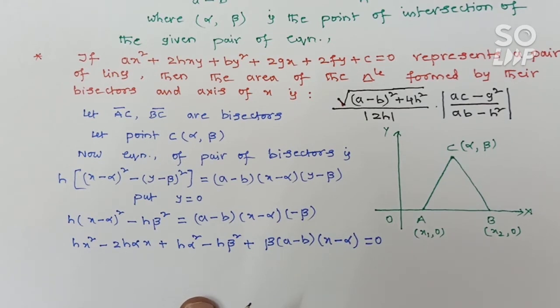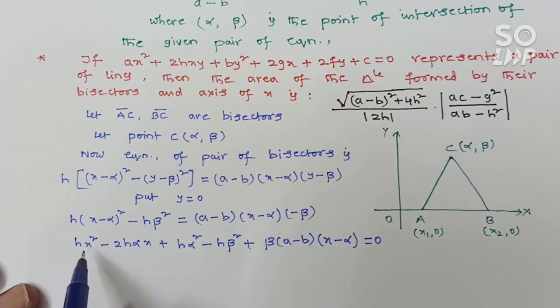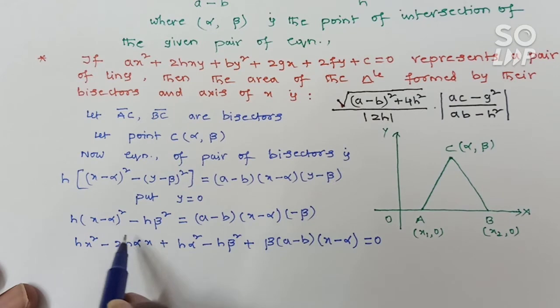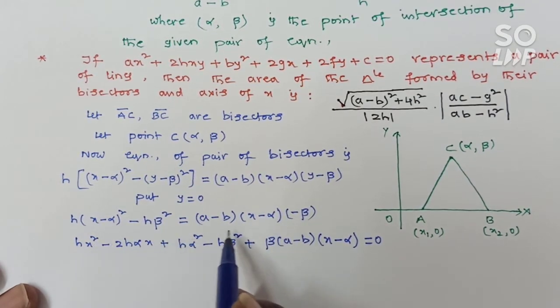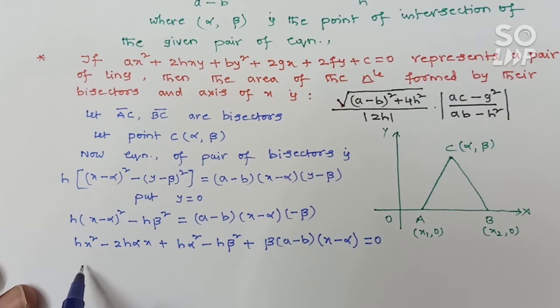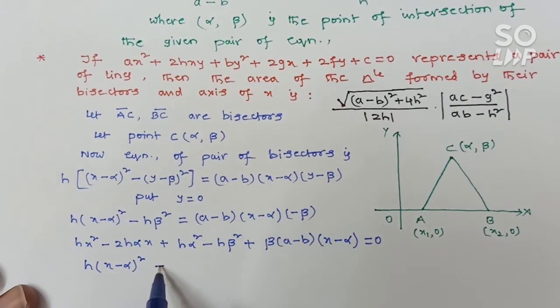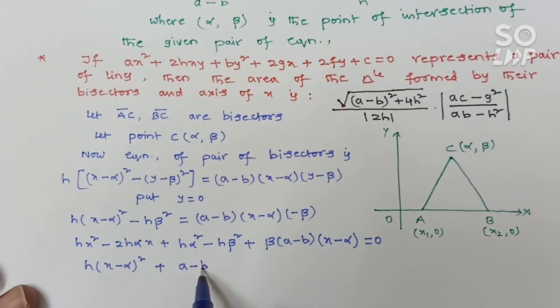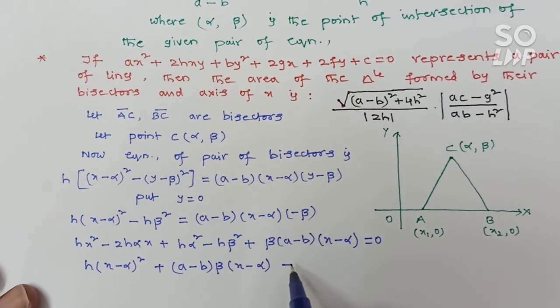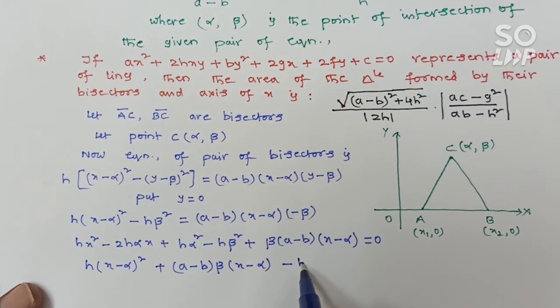So here you can write this one in the form of a quadratic expression. Otherwise you do one thing. Here the simple way is that instead of this simplification, directly you can write h into (x minus alpha) whole square, this one you get to the left hand side, plus (a minus b) into beta into (x minus alpha) minus h into beta square is equal to 0.